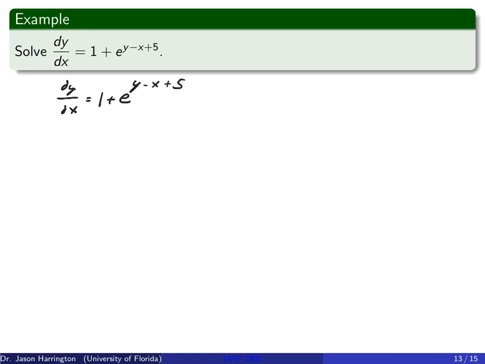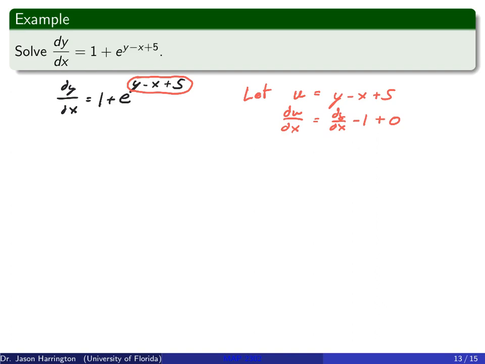And I'm going to take this little guy up here, and I'm going to say, let's let, it doesn't matter what you call it, I'm going to let it be called u, is equal to y minus x plus 5. And now when I take the derivative of each term with respect to x, I get du over dx is equal to dy over dx minus 1 plus 0.